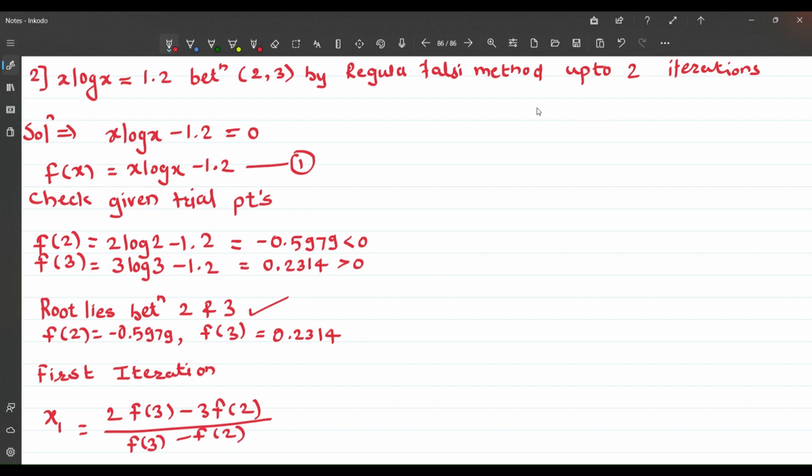Before this, we have to update this line. Our trial points are 2 and 3. The value at 2 is negative, the value at 3 is positive.